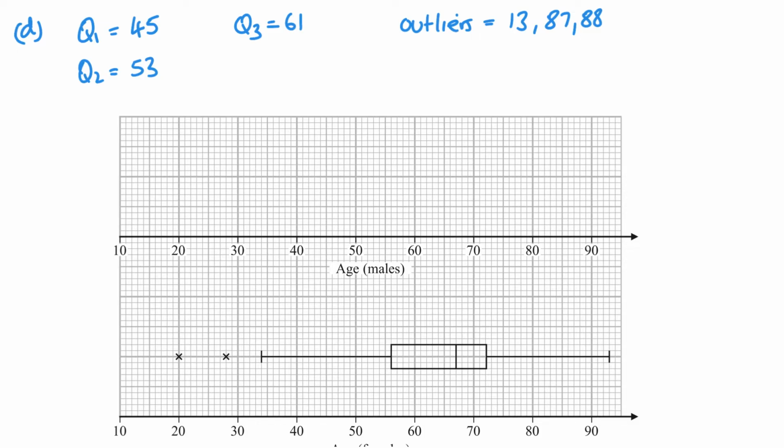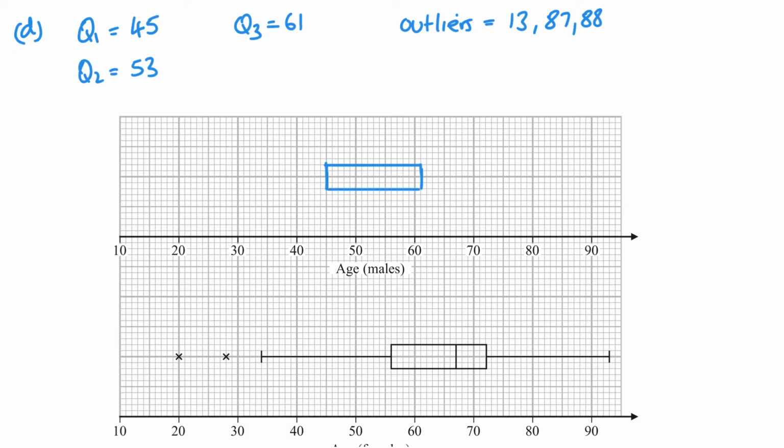So I've got all my key values here. Now Q1 is at 45. So I'm going in at 45. I'm going to put my first line in there. Q3 is at 61, which is there. Now I'm just going to join those up with a ruler, like so.